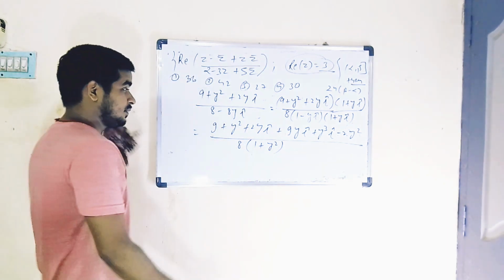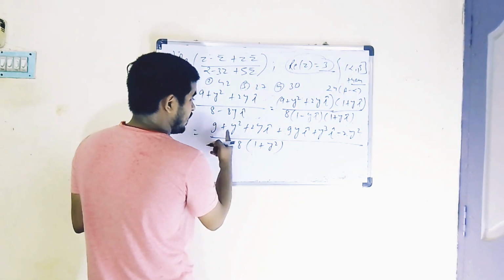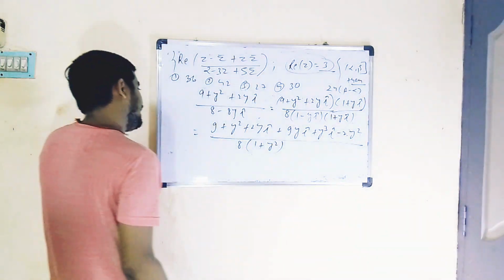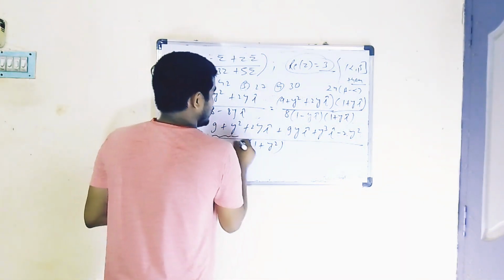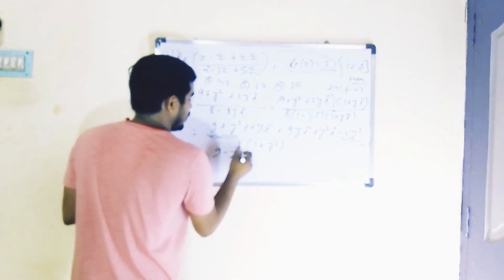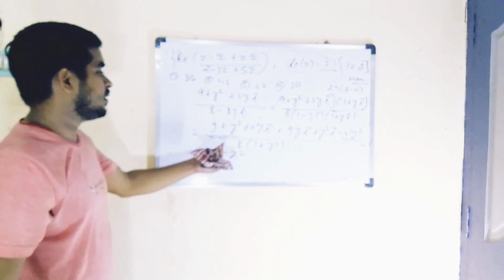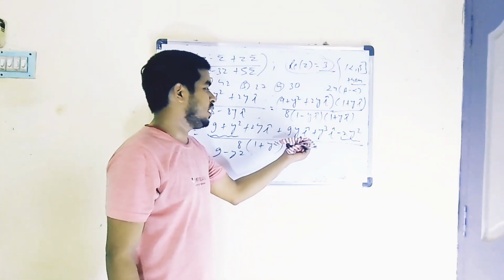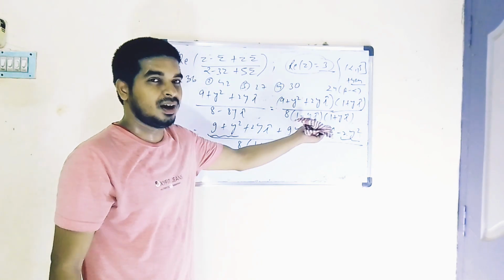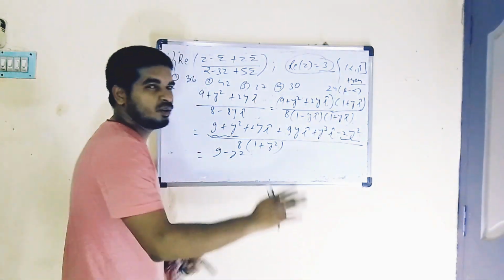Understood? Now see, 9 plus y square and minus 2y square. So you can solve this. This will be what? 9 minus y square. Yes or no? Tell me. And this is what, 2yi plus 9yi, so 11yi, something like that, plus y cube, because we don't need that term.